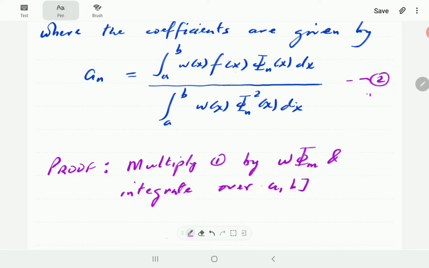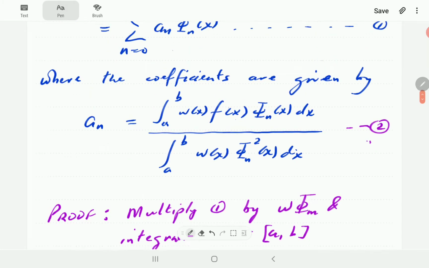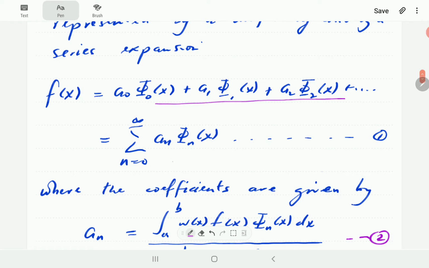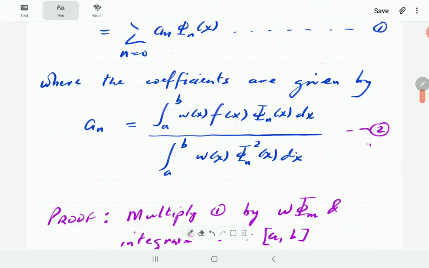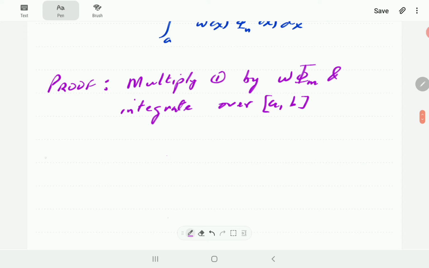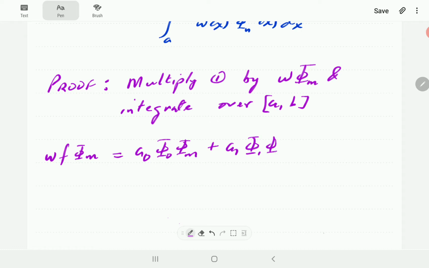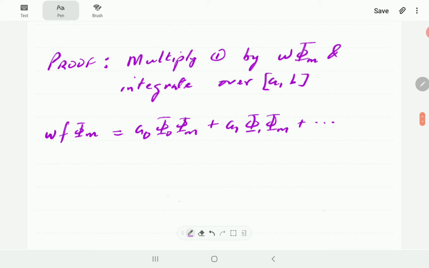So let's just multiply first. We're going to multiply through here by phi m times w. On the left hand side we're going to have w f times phi m. First term is going to be a naught phi naught phi m. Second term is going to be a1 phi 1 phi m, and so on and so forth.